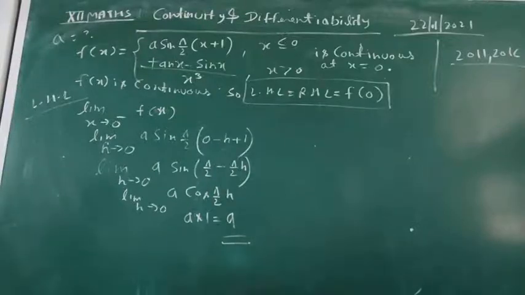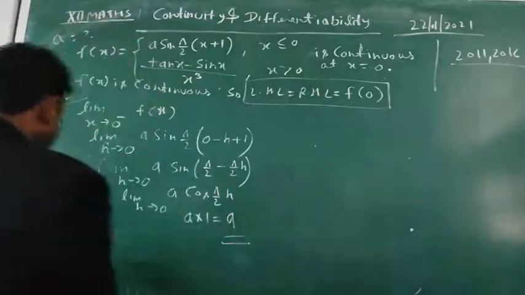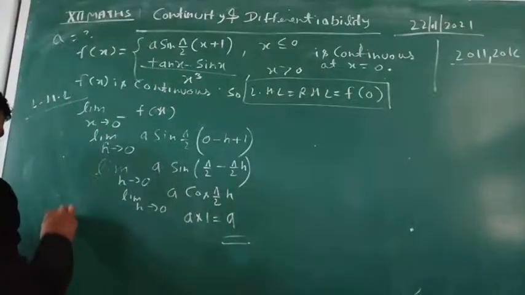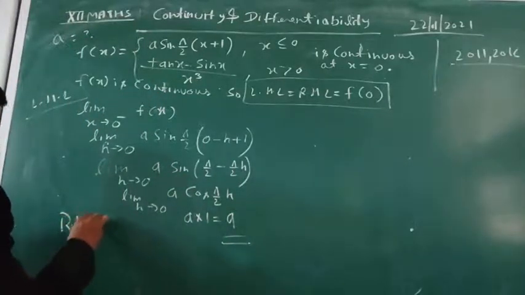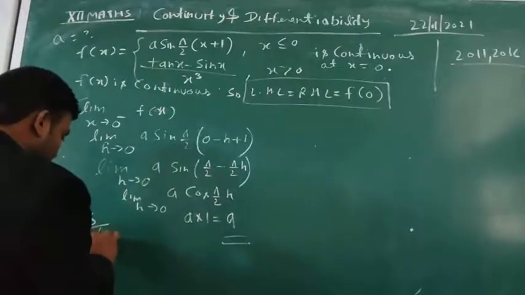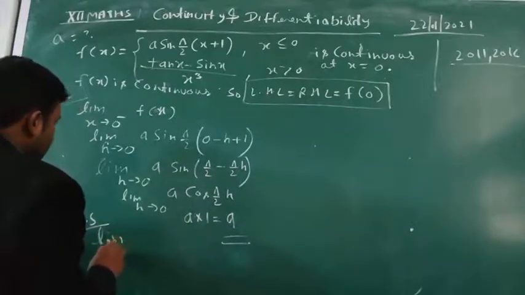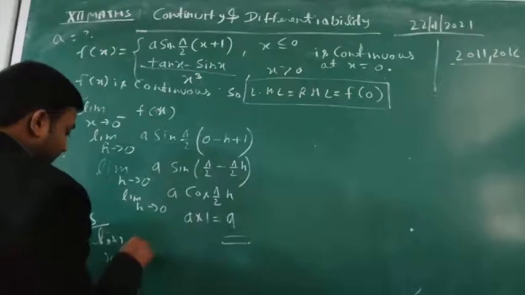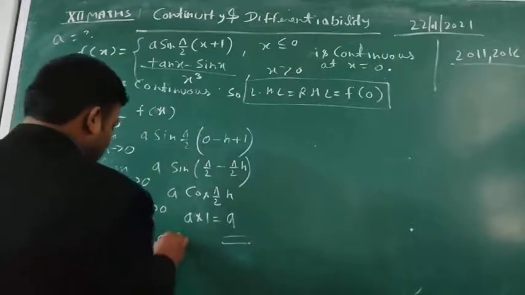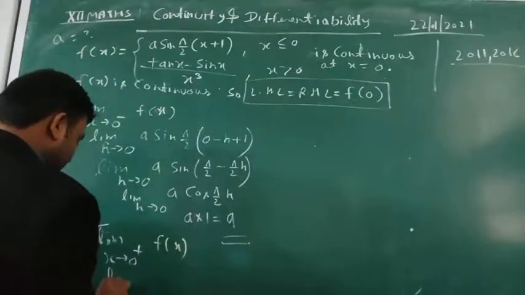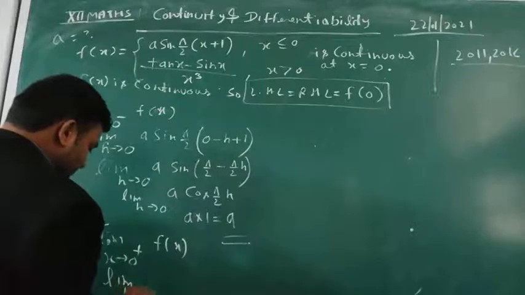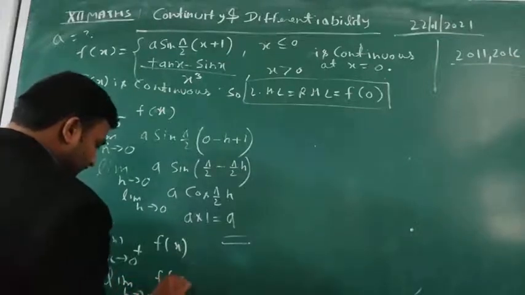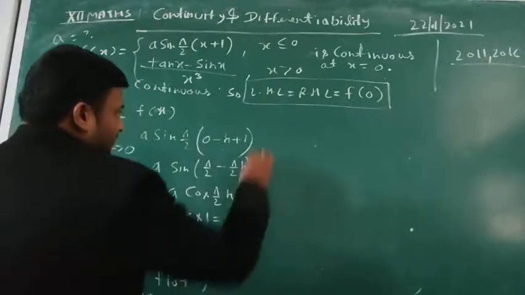Now we are taking our right hand side and finding its value. So we start: limit x tends to 0 plus f(x). This can be written as limit h tends to 0 f(0 plus h).